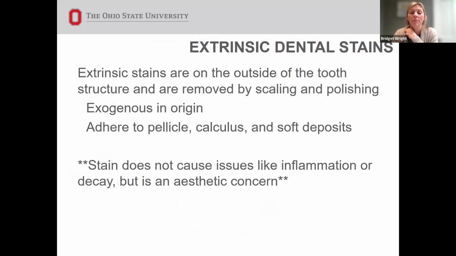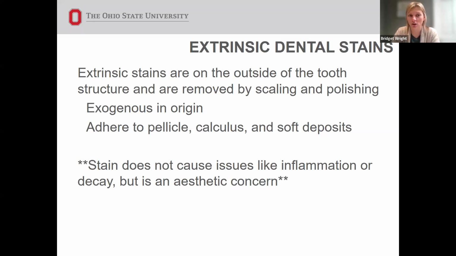So the first type that we're going to dive into in a little more detail are the extrinsic dental stains. Extrinsic stains are on the outside of the tooth, and that is what we can remove with coronal polishing and or scaling, depending. We'll talk about that too.